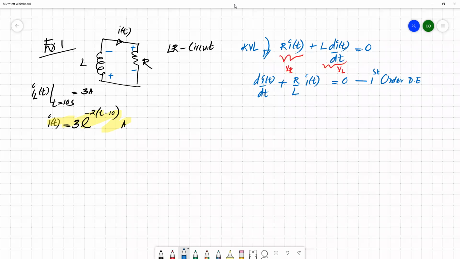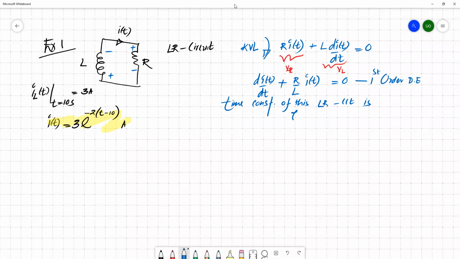Okay. So what about the time constant? For the sake of our knowledge, the time constant of this LR circuit is the reciprocal of this zeroth order coefficient.